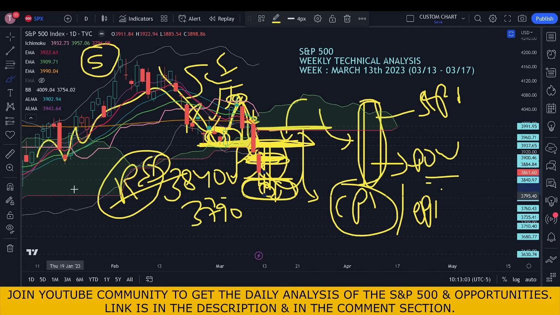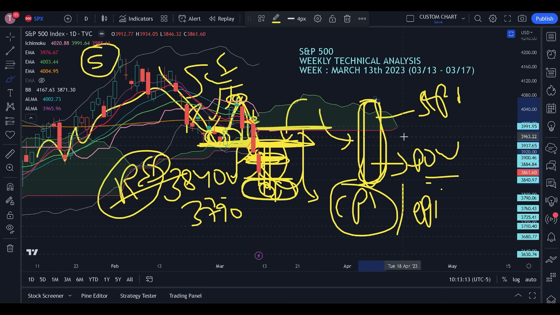Now, because there is a bearish engulfing on the weekly chart of the Dow Jones as well as the S&P 500, this means that the S&P 500 and the Dow Jones on the weekly chart must form a red candle. In what circumstances will a red candle be formed?